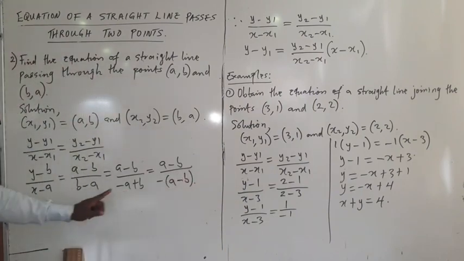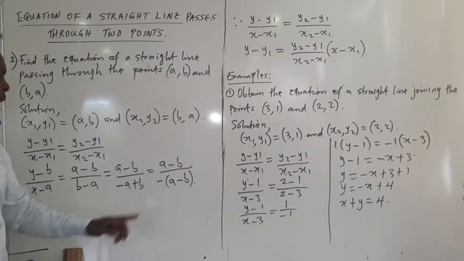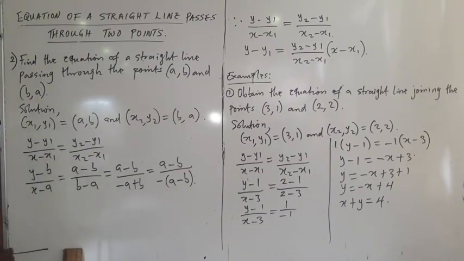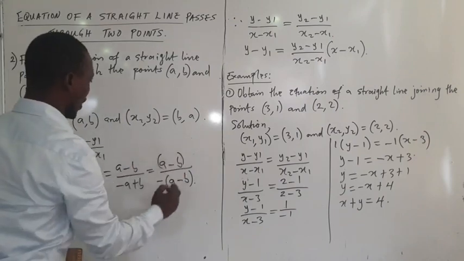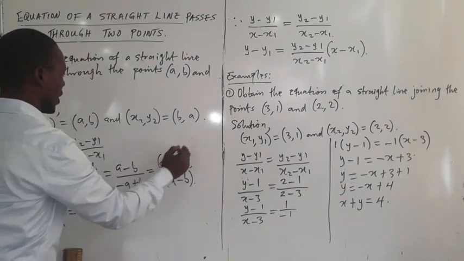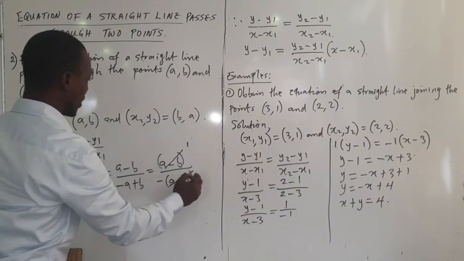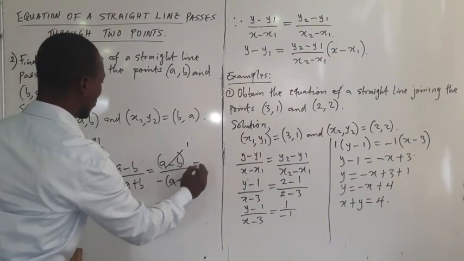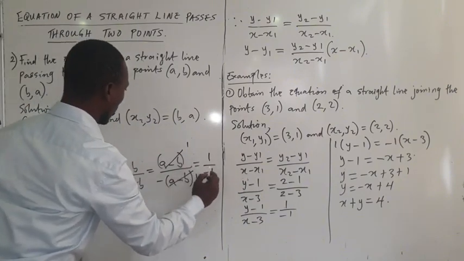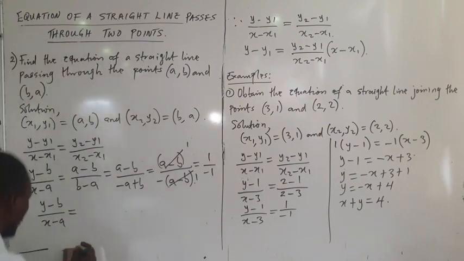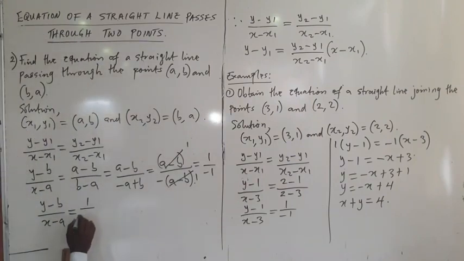So instead of minus a plus b, we have minus (a minus b). So we can now have it as (y minus b) over (x minus a) equals (a minus b) over minus (a minus b). So a minus b cancels a minus b, and you are left with 1 over minus 1.